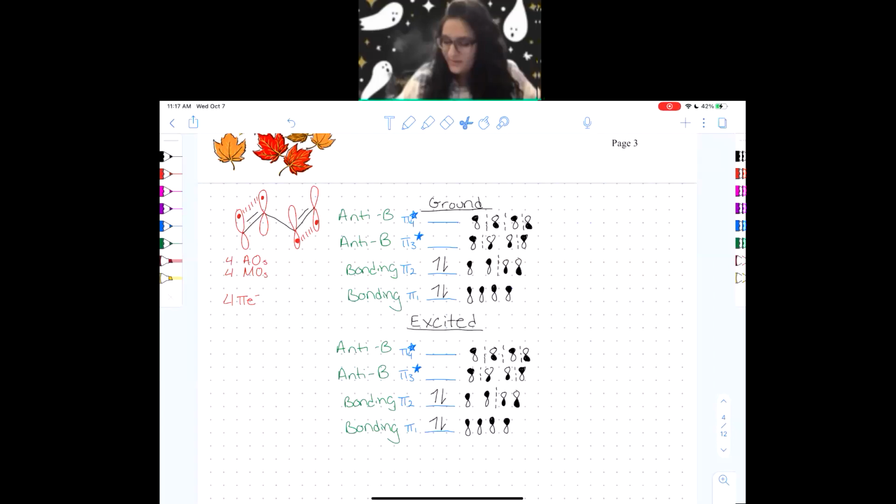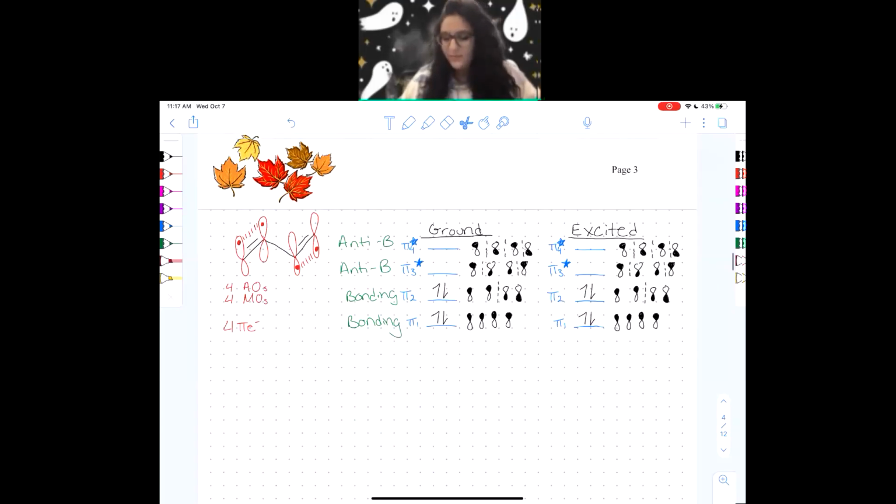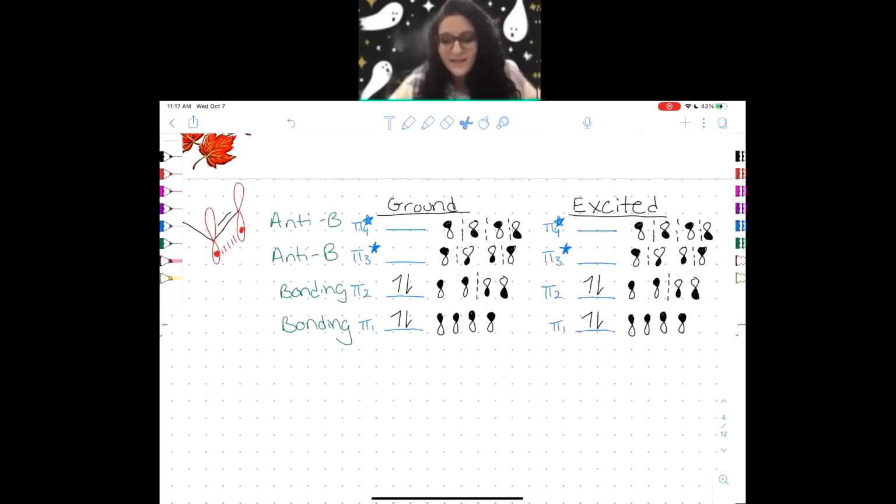Actually, I really hate how that looks. I'm not going to include the names because they're exactly the same. The only thing that's going to change is the place of one of those electrons. So one electron is going to jump from pi 2 to pi 3.